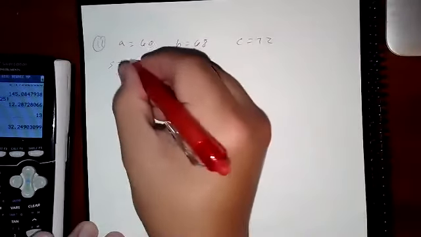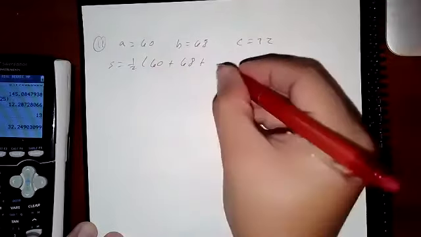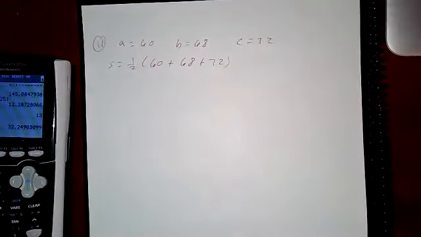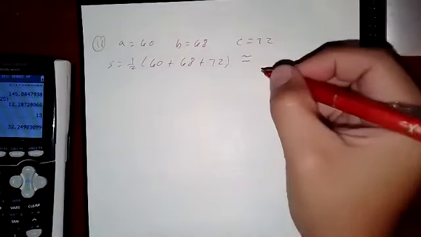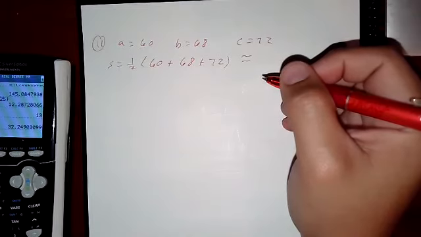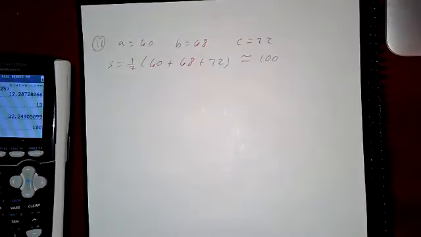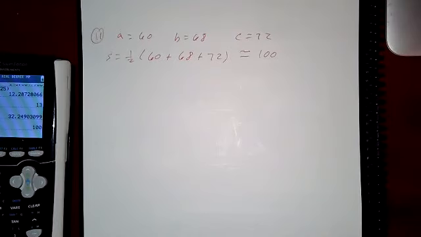So S will equal 1/2 times the sum. That is approximately, I don't know, 0.5 times 60 plus 68 plus 72. 100. Okay.